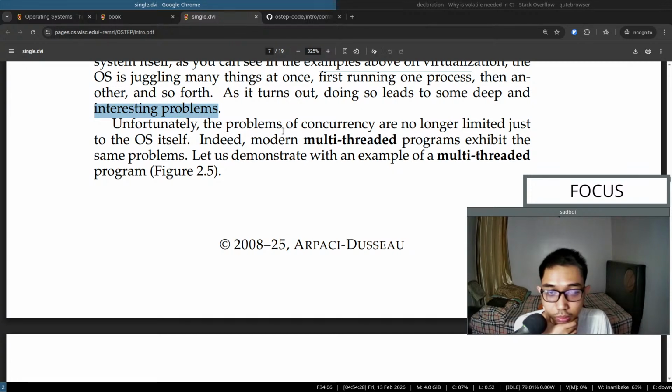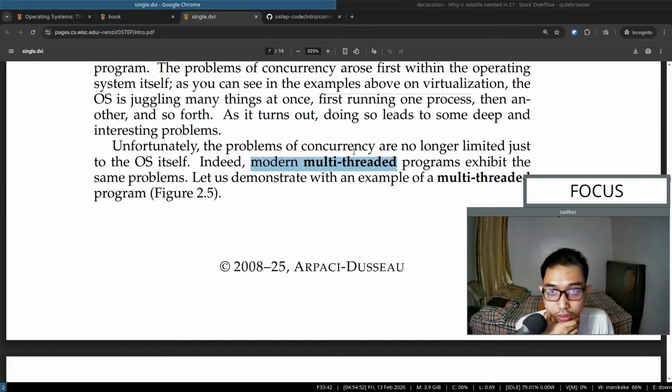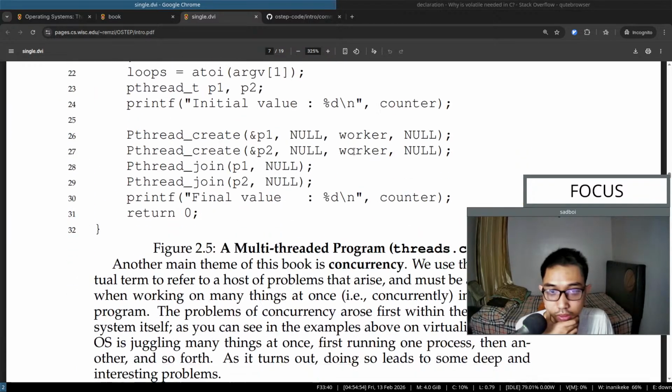Unfortunately, the problems of concurrency are no longer limited just to the operating system itself. Indeed, modern multi-threaded programs exhibit the same problems. Let us demonstrate with an example of a multi-threaded program.